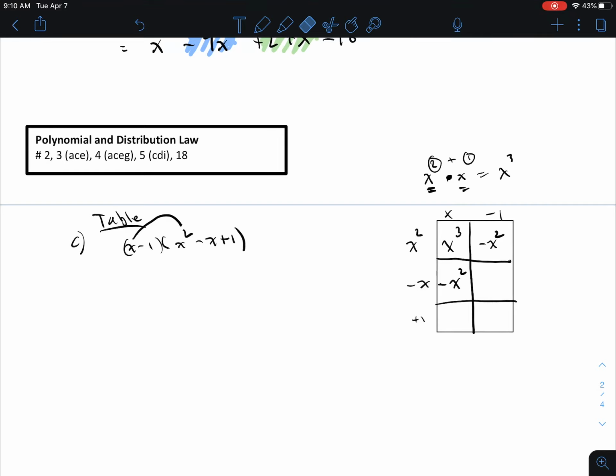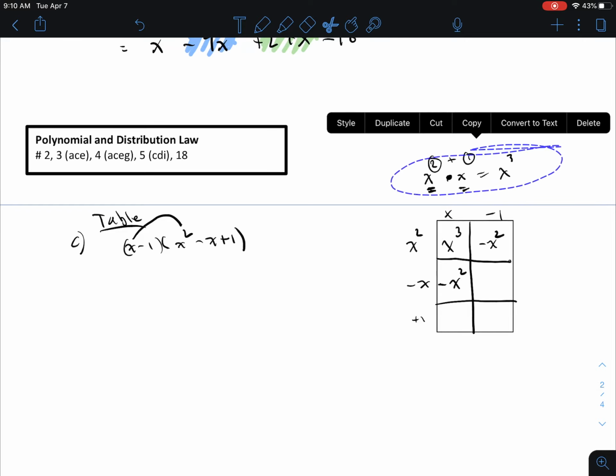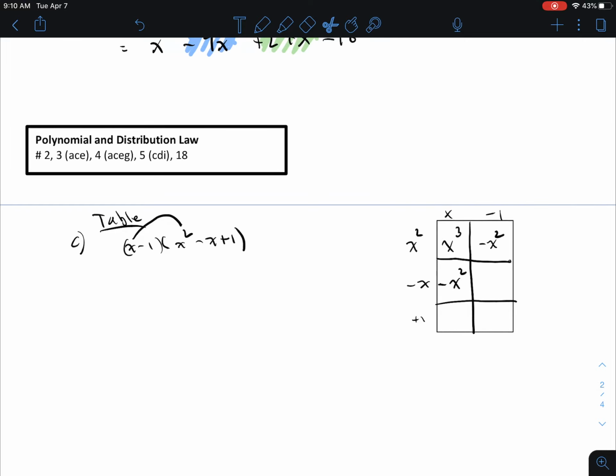I'll get rid of some of these. Okay, we'll just keep going, and then I'll do the last two quickly. Negative x multiplied by negative 1, two negatives make a positive, so I know that the sign inside this box has to be positive, and x times 1 is just x.